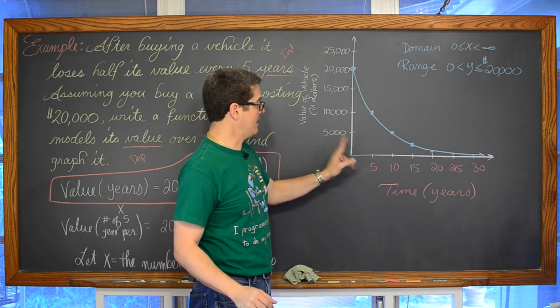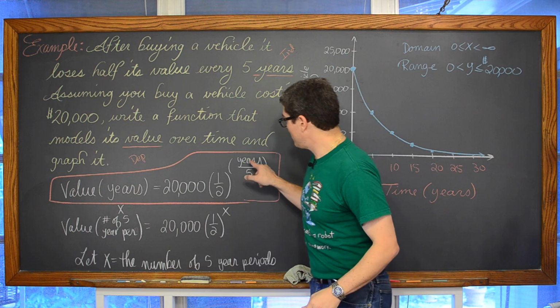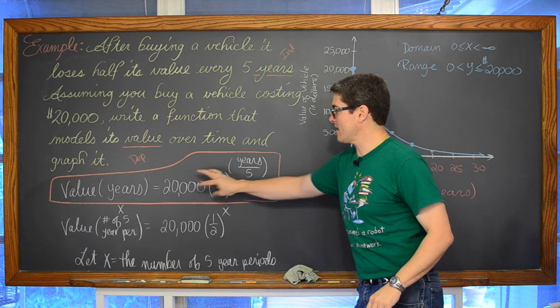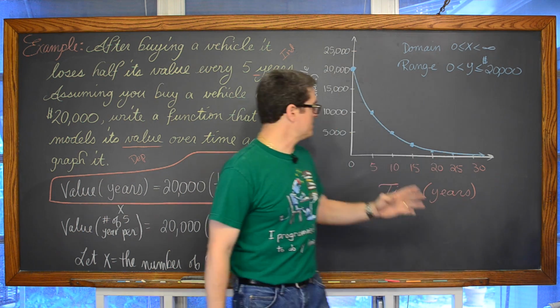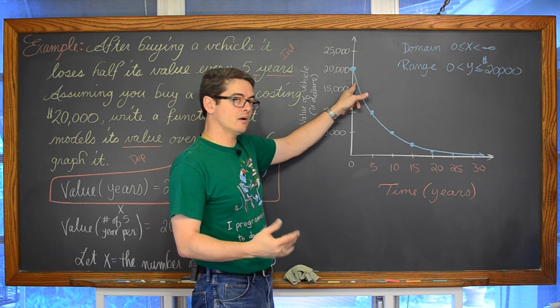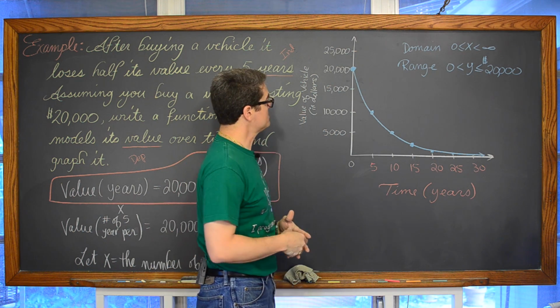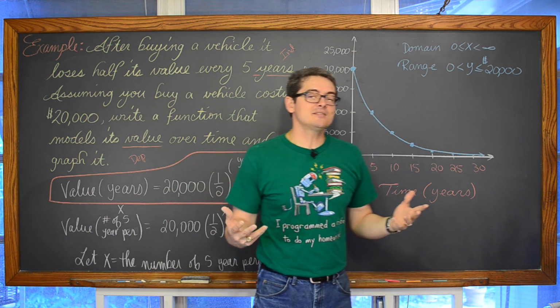And on a graphing calculator, we could hit the trace button, and trace it to where it gets to an x value of 1 and see what the y value is and know what the value of the car was in 1 year. That is the end of my lesson.